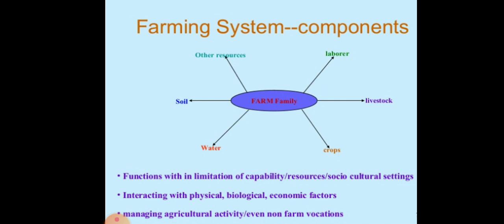For example, the children will help in the labor, and then the mother will help in budgeting or making a marketing plan or budget plan of the farm, and then the father could be the supervisor or the head of the farm family, depending upon what particular agricultural ventures they want to engage in.